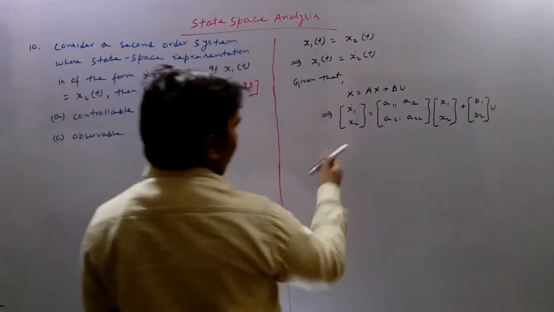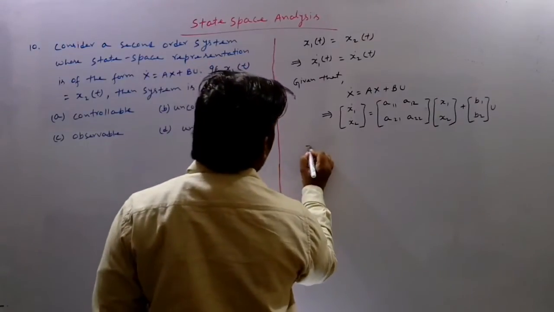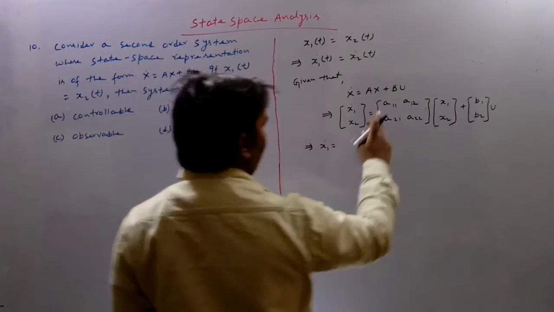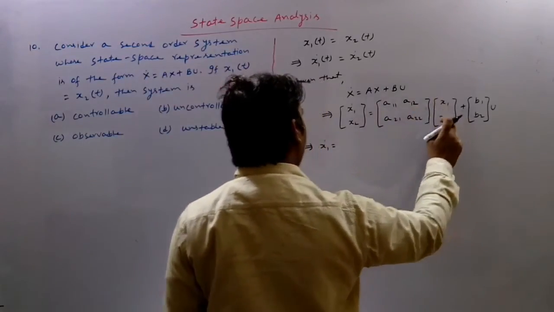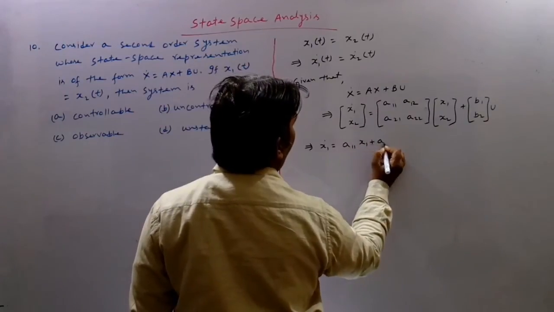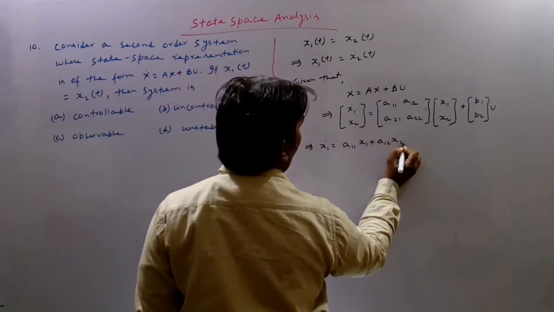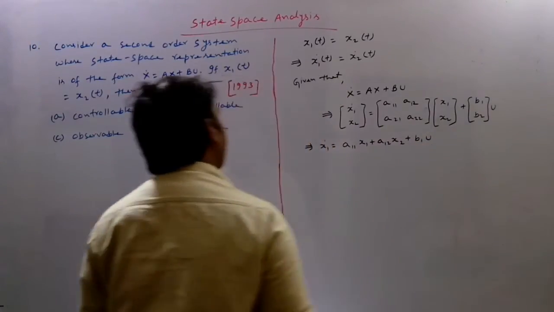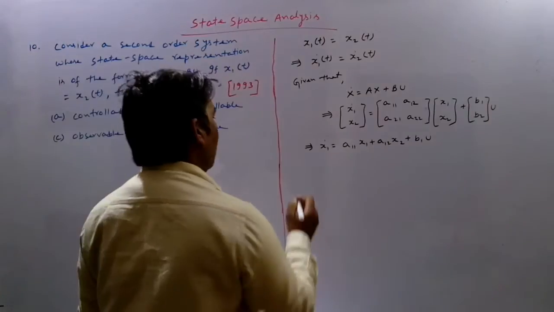So now from this equation we can write x1 dot is nothing but this row multiplied by this column: a11 x1 plus a12 x2 plus b1 u. This is x1 dot.